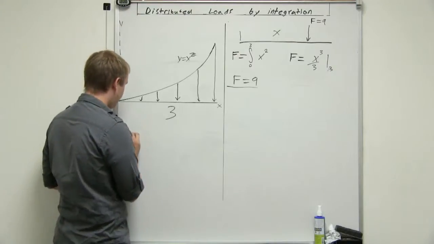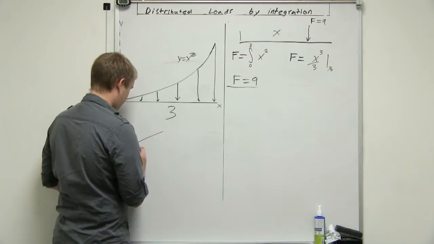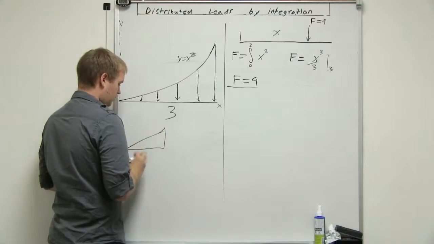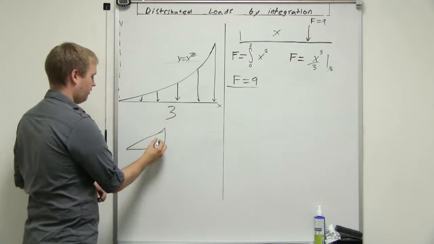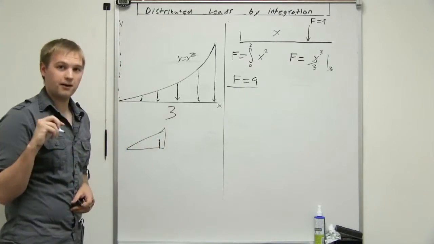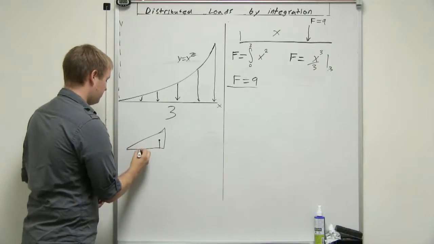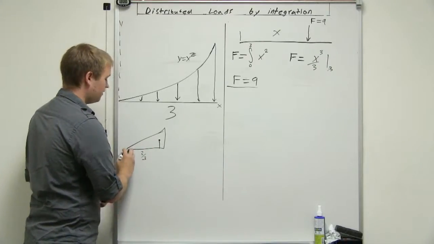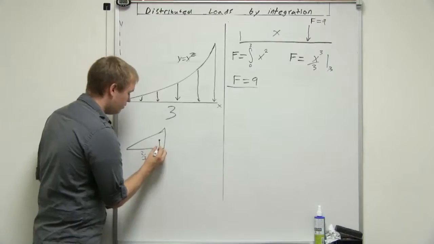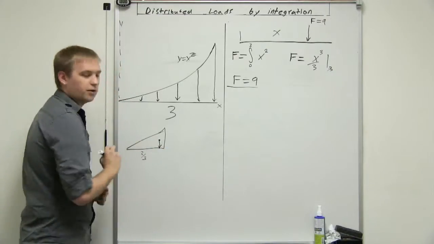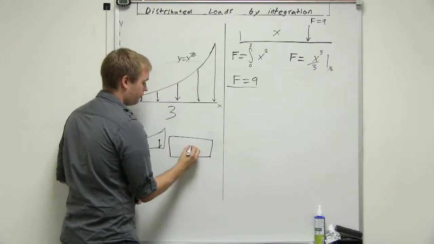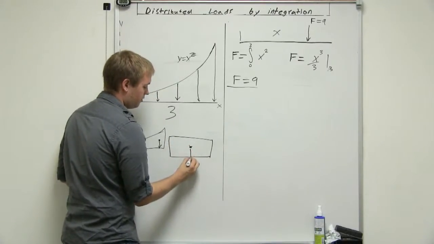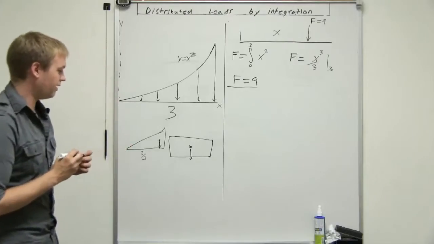If we have a triangle, the centroid of our triangle is going to be somewhere in here, right? And as we talked about last time, that is 2/3 of the distance from the smaller end. So that is where we put the force. When we have a rectangle, our centroid is directly in the middle. So that's where we put our force for a rectangle.